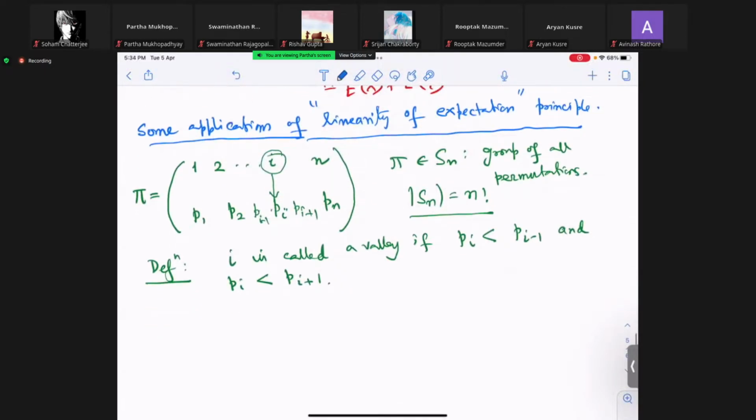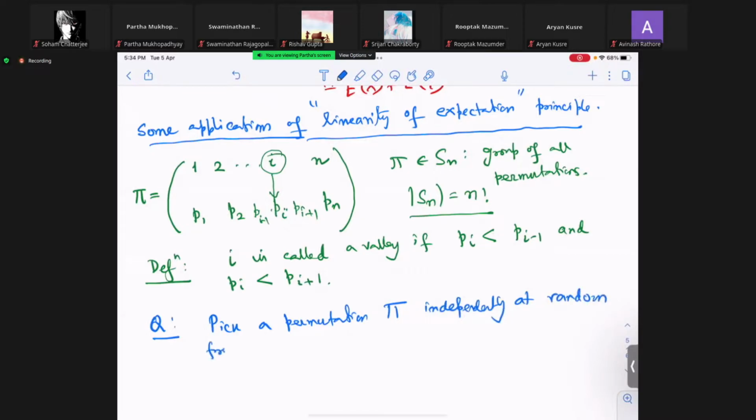Yes. So the question is, pick a permutation pi independently at random from Sn.